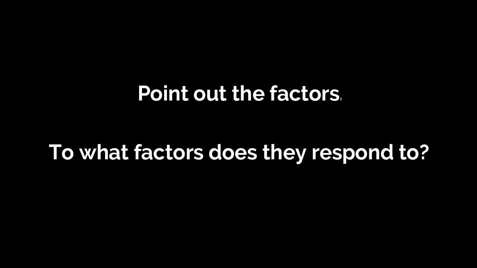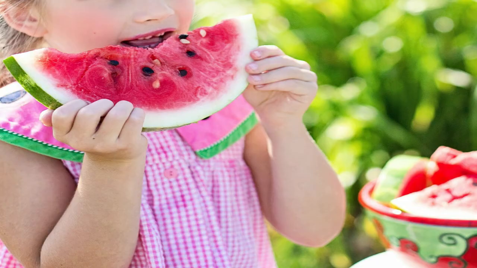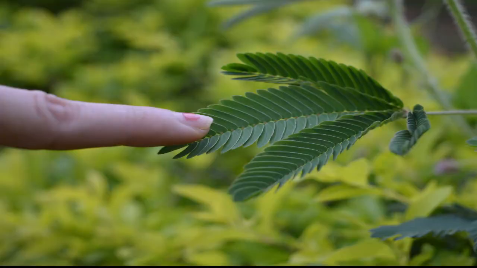Point out the factors. What factors do they respond to? There are some factors, right? Based on the observation that you had till now, what kind of factors do you think are there in the pictures? Do you recognize them? Let's go through them. First of all, the different factors.